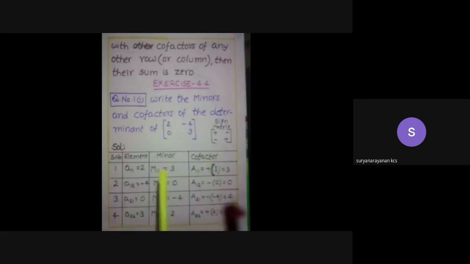Okay, my children. Now M11, the minor of this element. By closing this row and first column, what will be left here? 3 only. So this is the minor of element 2. Now come to the cofactor. What is the first sign here? Plus. Keep here plus. Now what is the minor? 3. Write that one. Now by simplifying this one we get 3.